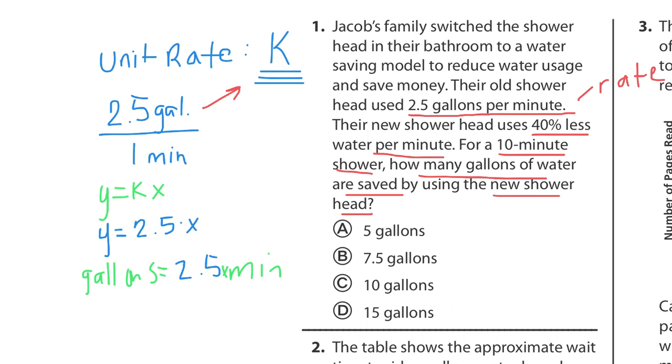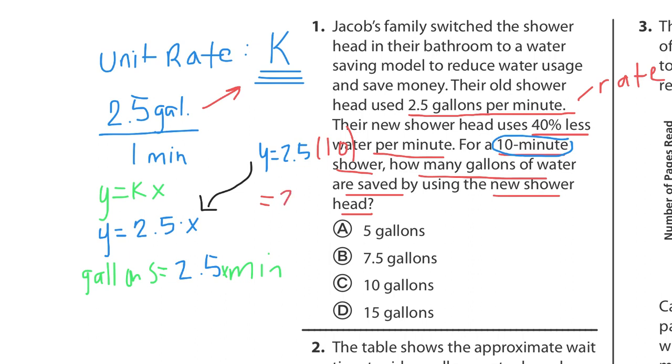Okay, so let's see the problem again. It says here, how many gallons of water are saved when the shower is 10 minutes? So for 10 minutes, I need to put my 10 into this equation so that I get Y equals 2.5 times 10.